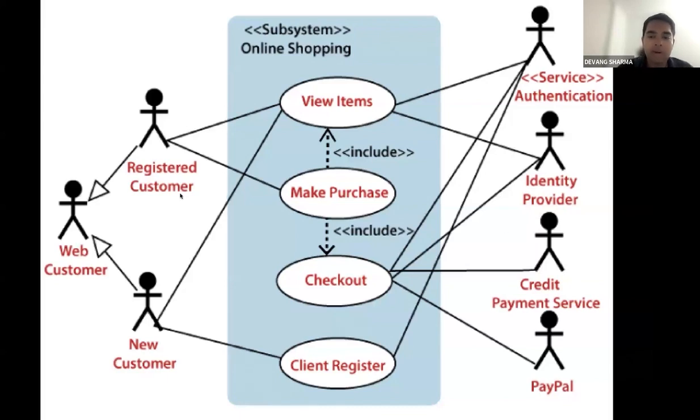This checkout to identity provider, as I said, not everybody would have to have access to checkout, but everybody would have access to view. So what you need to do is check whether the customer has access to view the items or access to check out the items. Okay, understand this. I'm just giving a simple example. Let's say you're not logged into an e-commerce website. Can you still view the items? Yes or no?